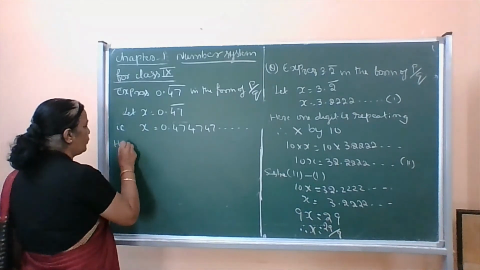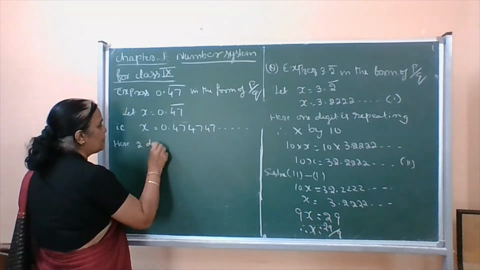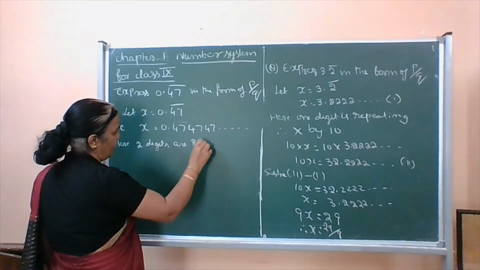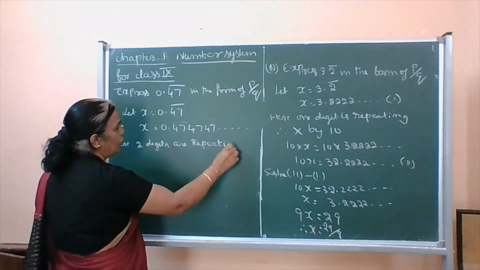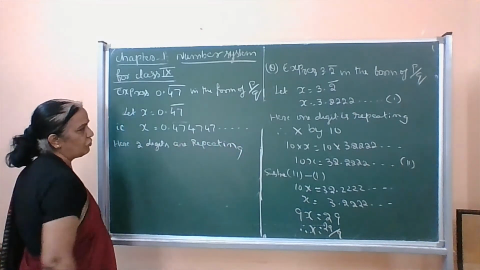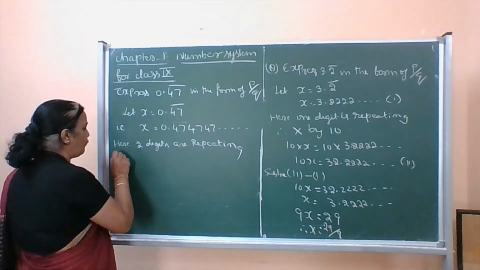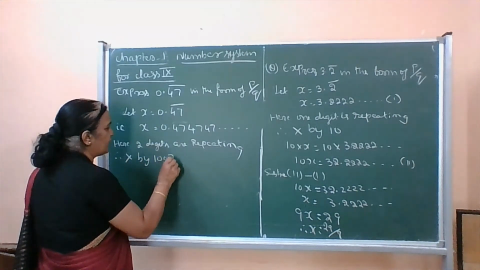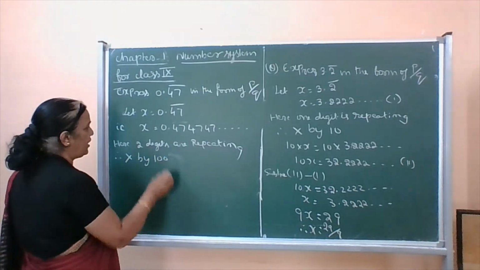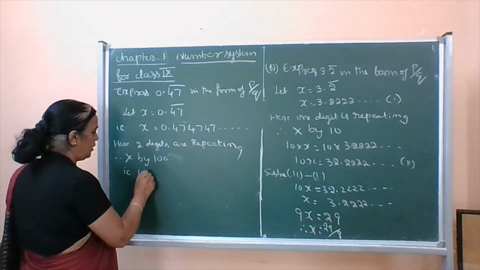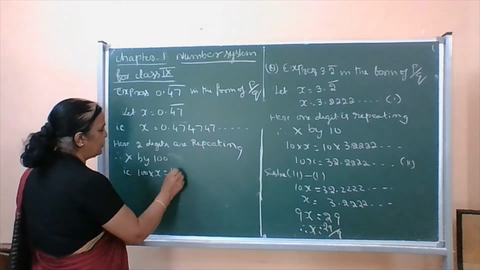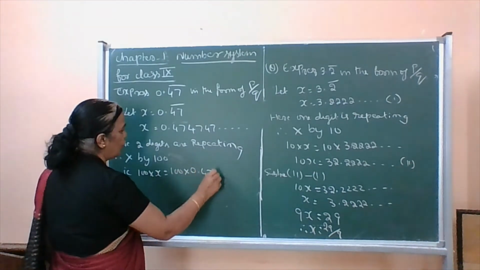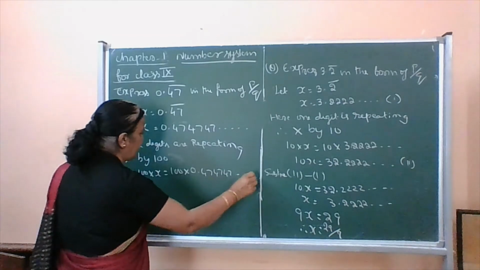Here two digits are repeating. Here how many digits are repeating? Here it is 4747. Two digits are repeating. Therefore, multiply by 100. That is 100 into x is equal to 100 into 0.474747 repeating.